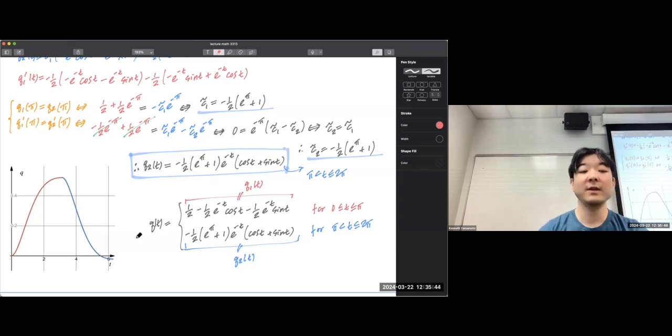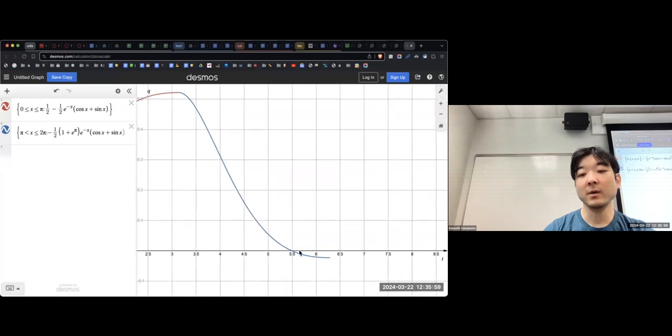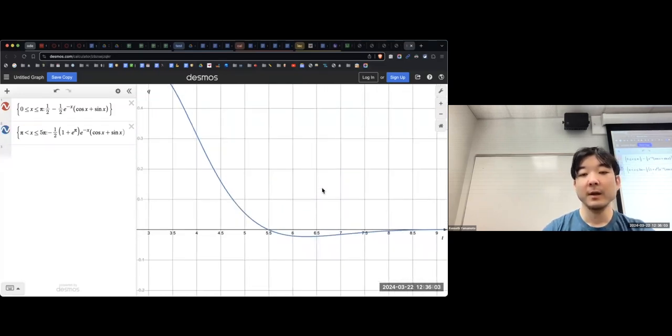If we were to graph this further, let's see if I can click on the graph and find it. I don't know a lot of electrical engineering, so I don't know what it means when it goes below. I cut this at 2 pi, but let's say you made it go to 5 pi.